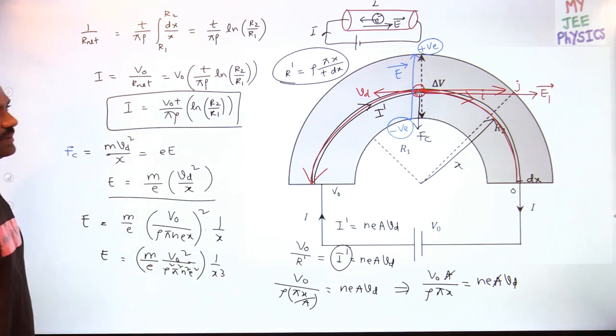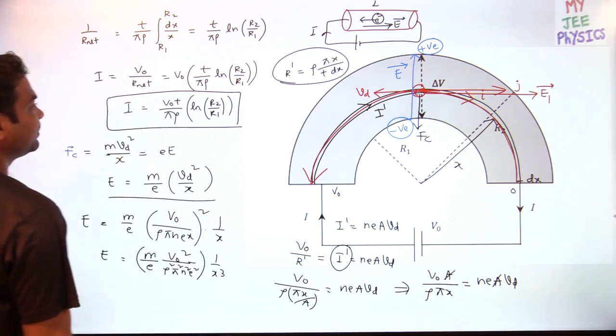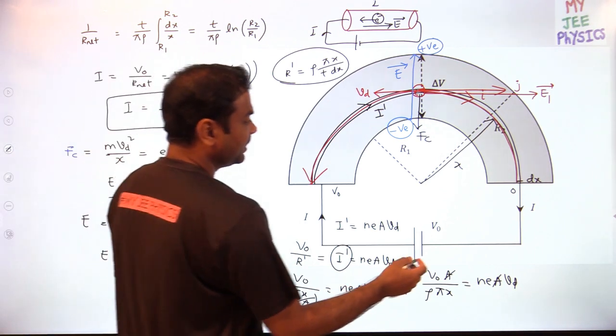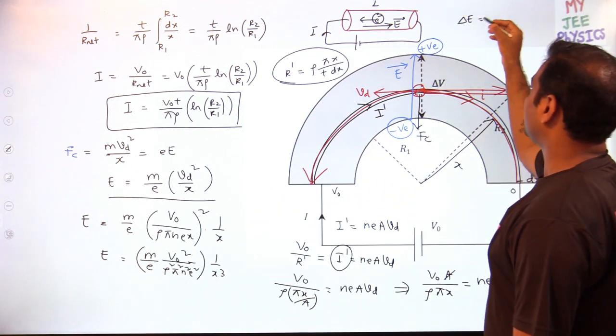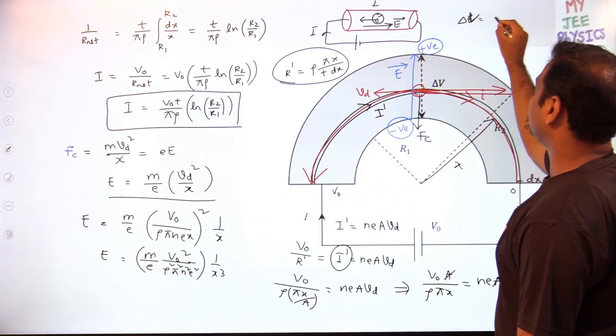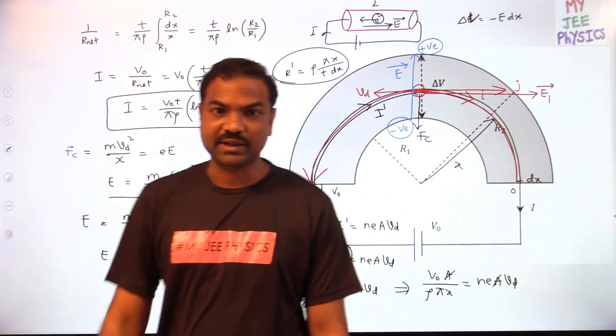This is the E value I got, but we require the delta V value, which is the potential difference. How do we write the potential difference here? Delta V is equal to minus E into dx, if you are moving along the field.